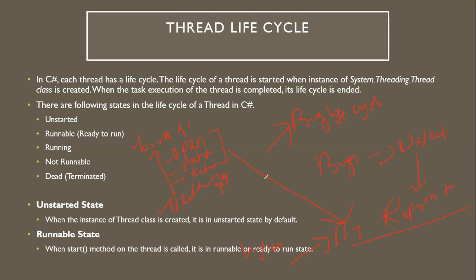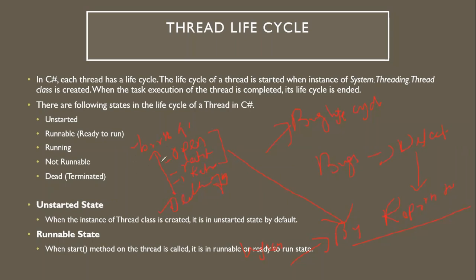Similarly, let's take the life cycle of a human being. You are born a baby, then you become a child, then an adult, then middle-aged, and then you age, you become old, and at some point, you're no more.